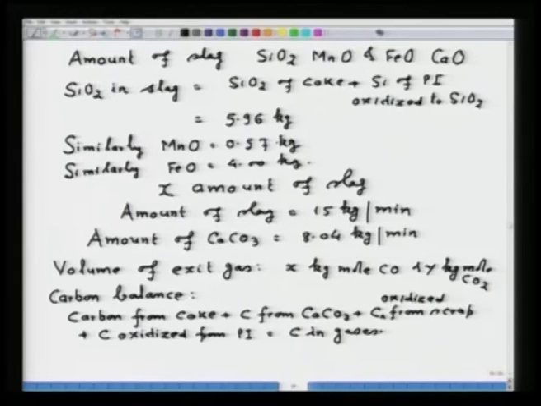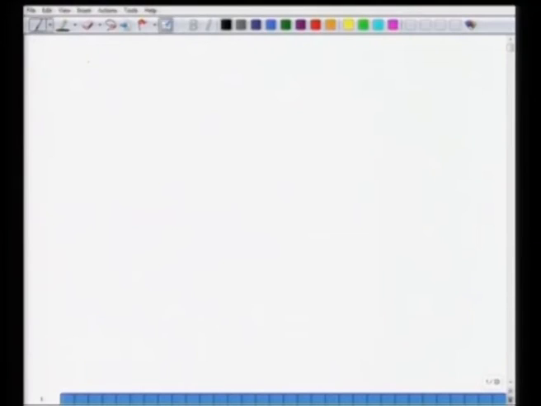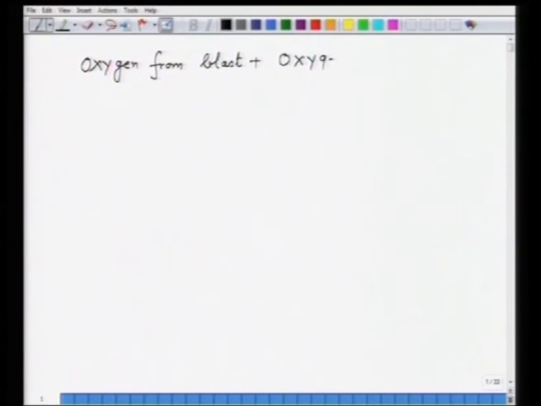Now, similarly, we have to do the oxygen balance. So, I am performing the oxygen balance: oxygen from blast plus oxygen from calcium carbonate is equal to oxygen in gases.